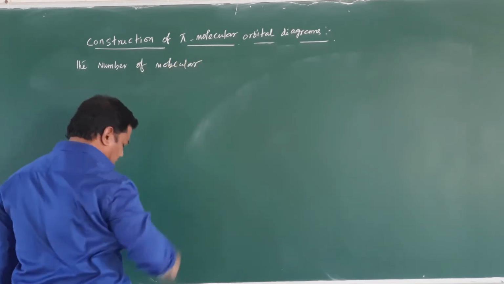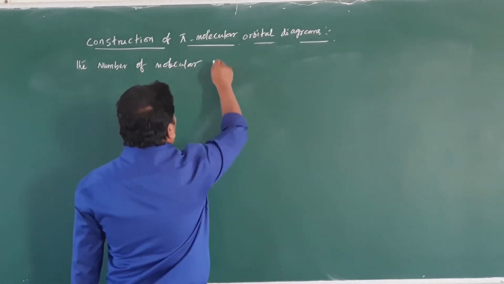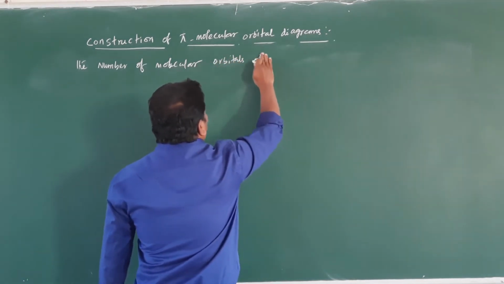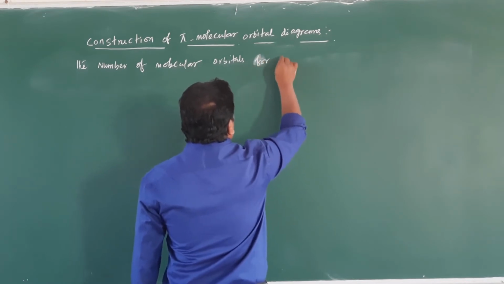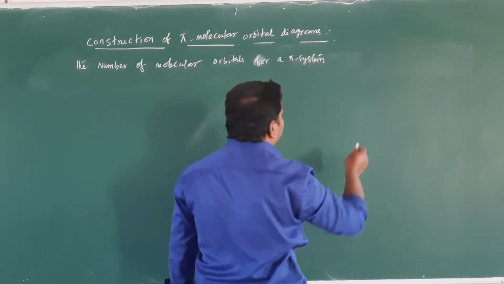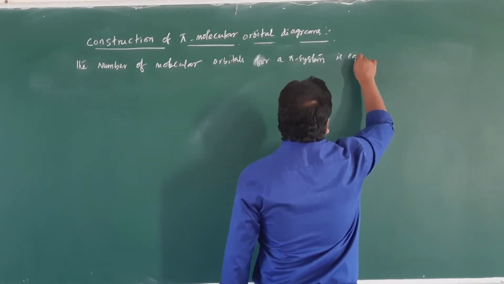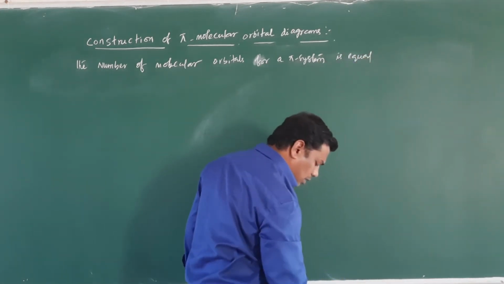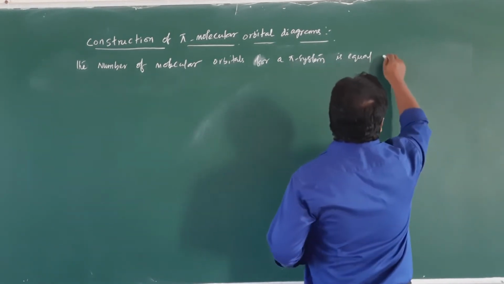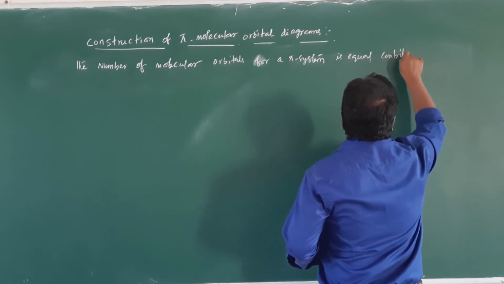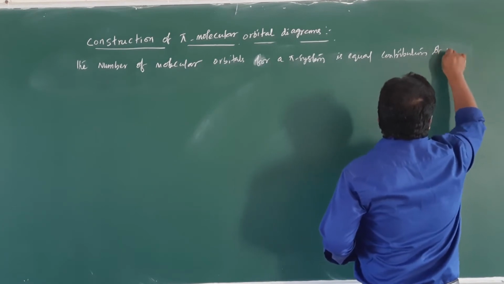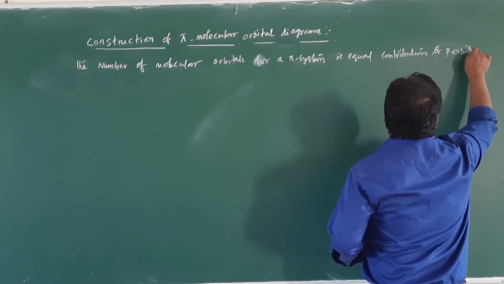The number of molecular orbitals for a pi system is equal to the contribution of p orbitals.